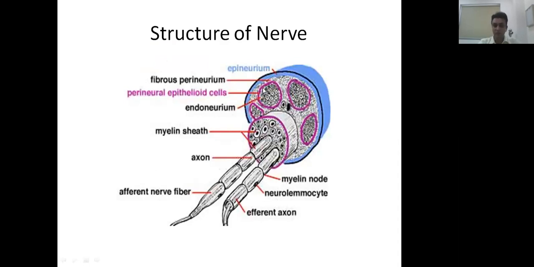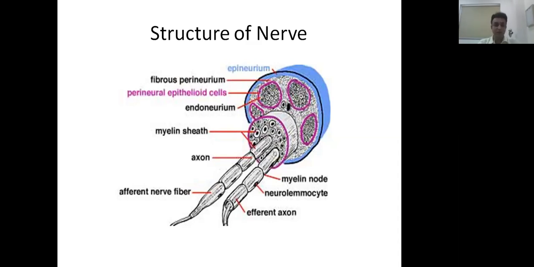Then there is endoneurium, and in the endoneurium there are nerve fiber bundles. Endoneurium then again is surrounded by a fibrous perineurium, and then the entire nerve ultimately is surrounded by epineurium. So these are the layers of any nerve, the composition, the structure of any nerve.